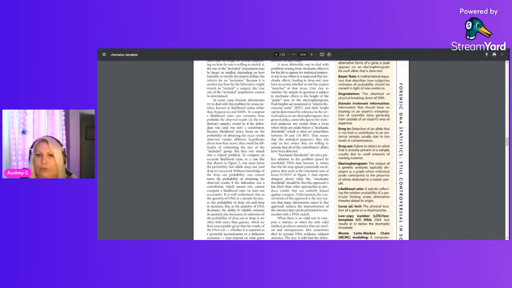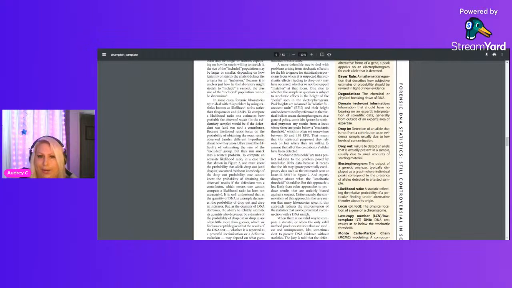Because likelihood ratios focus on the probability of obtaining the exact results observed under different hypotheses about how they arose, they avoid the difficulty of estimating the size of the included group, but they run smack into a related problem.